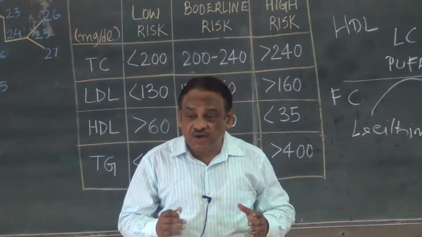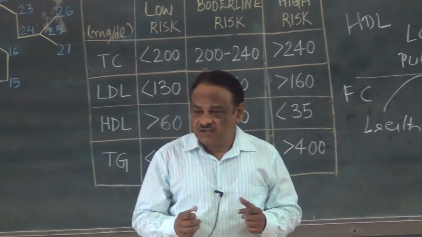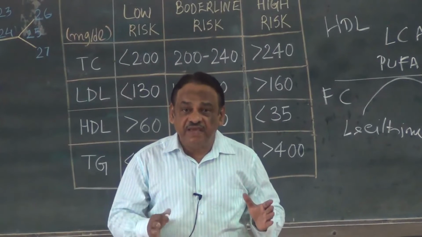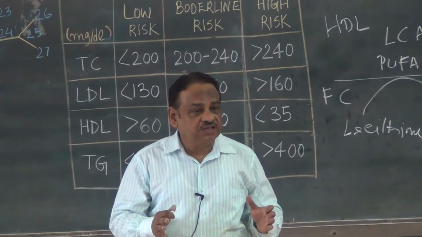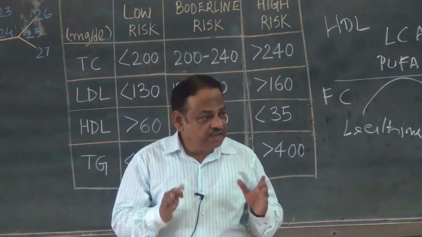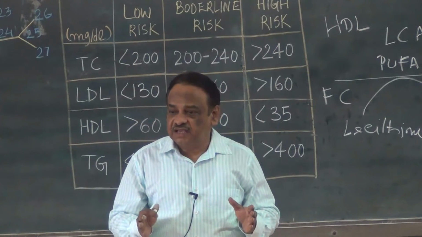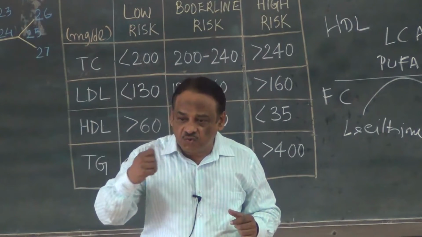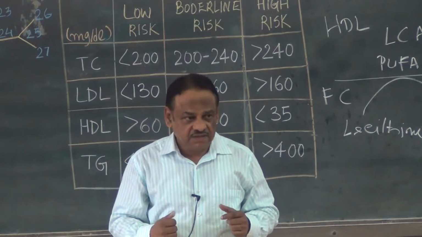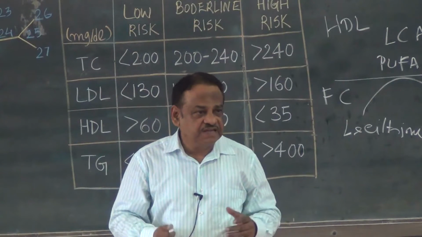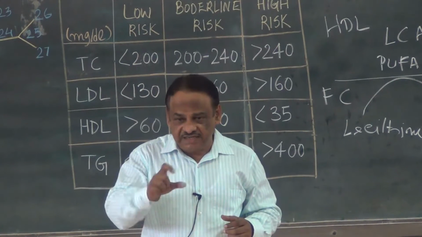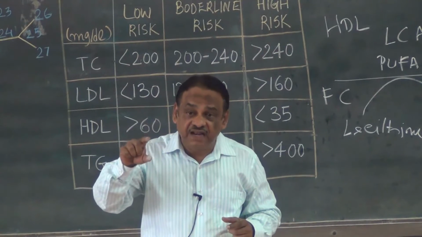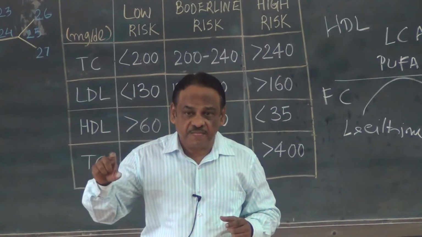So it is ideal to have higher HDL, so ideal to have higher ApoA1. ApoB, if you measure, tells you about the LDL, and there should be a proper ratio of ApoA1 to ApoB, or it may be reversed, that is ApoB to ApoA1. That is equivalent to LDL upon HDL.